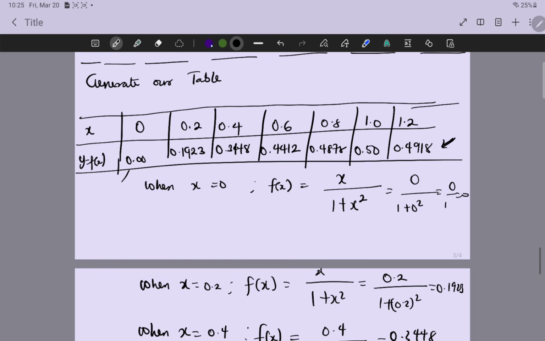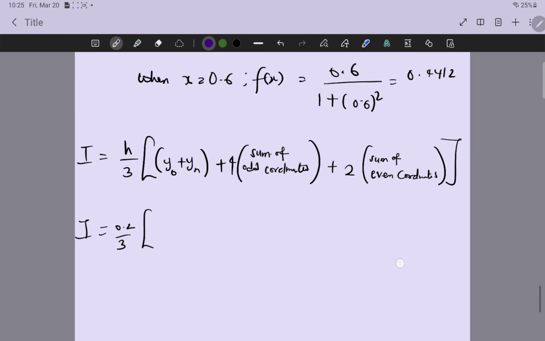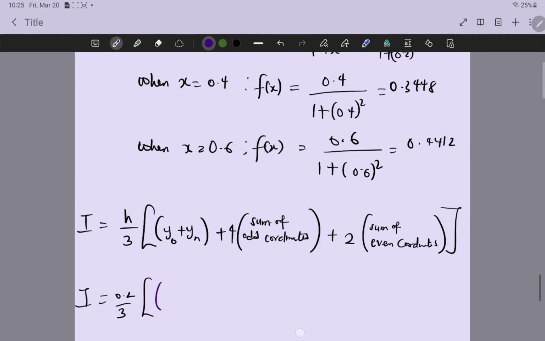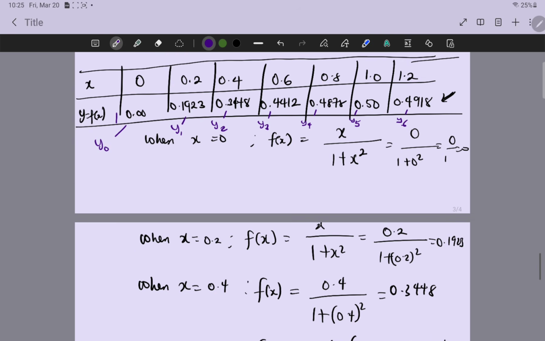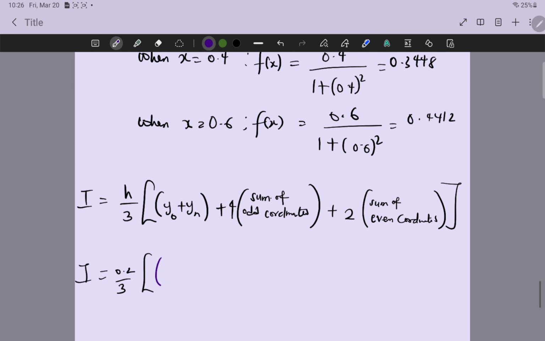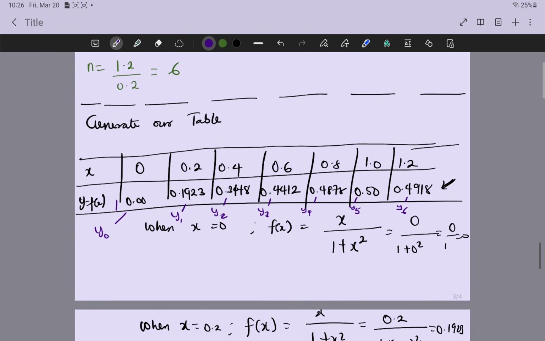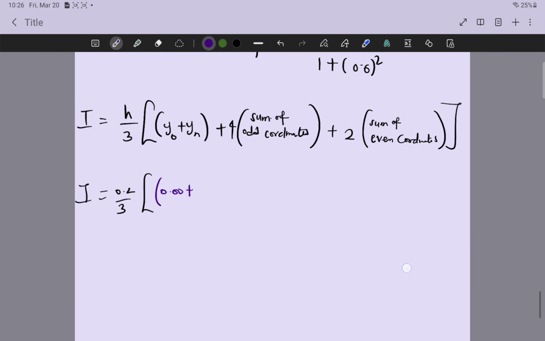Please, class, for the sake of time, this is y1, y2, y3, y4, y5, and y6. So y naught in this case is 0.00. What is at the end of the table? yn at the end is 0.4198.